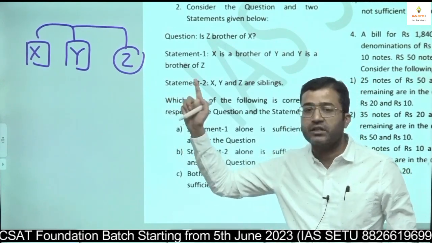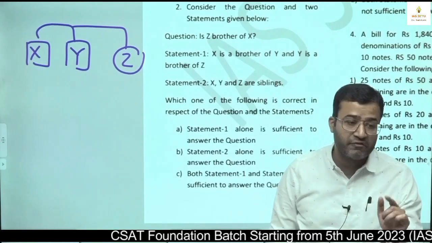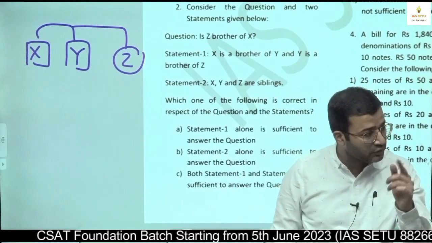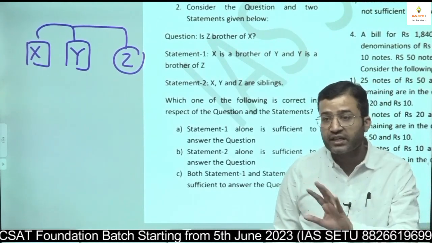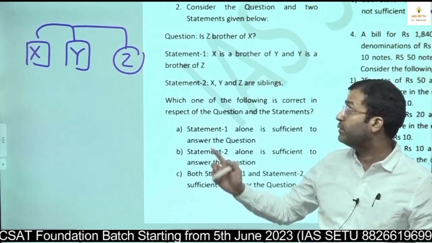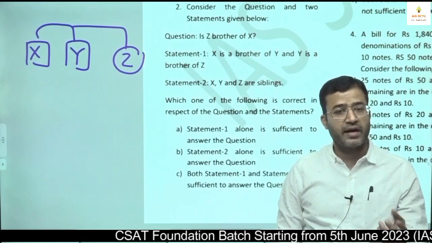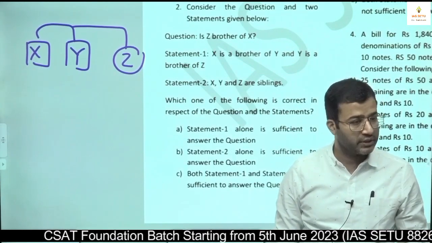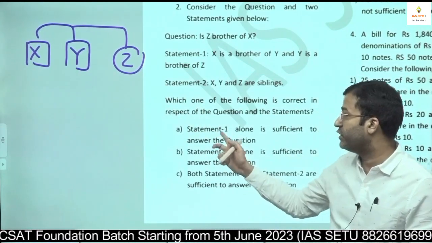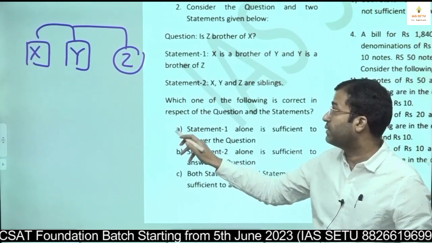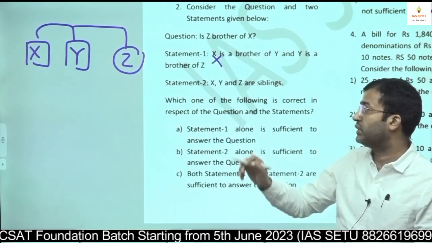Y is brother of Z. ब्रदर वर्ड Z के लिए ना, Y के लिए. Y is brother of Z. Z का जेंडर नहीं पता. यहाँ पे क्वेश्चन पूछ रहे हैं इज Z ब्रदर ऑफ X. भैया भी हो सकता है, बहना भी हो सकती है. ठीक है. We don't know the gender of Z with the help of statement 1. तो statement 1 alone is not sufficient.